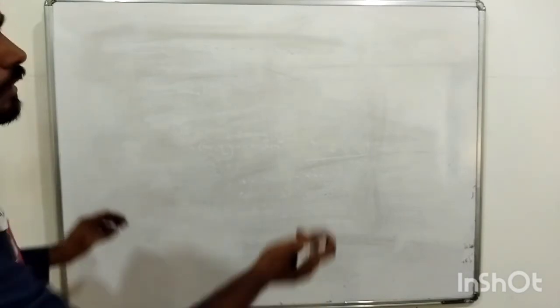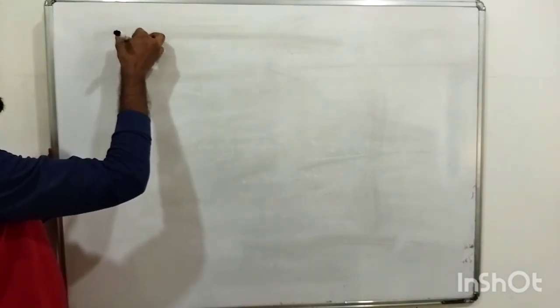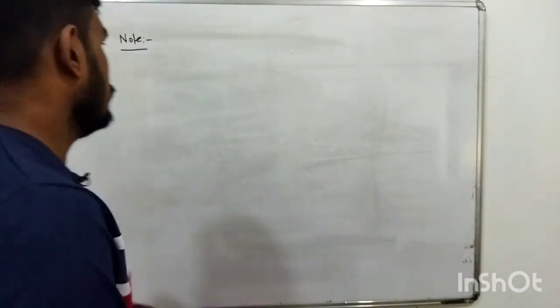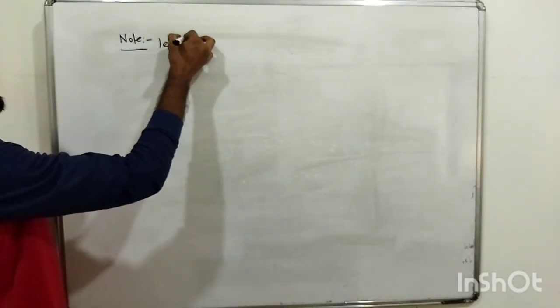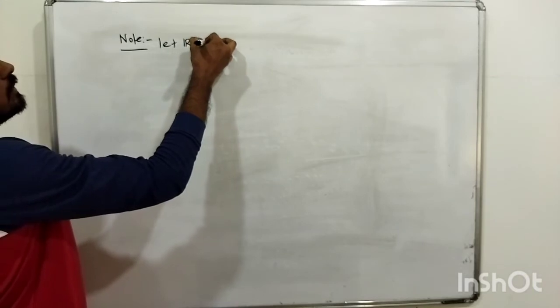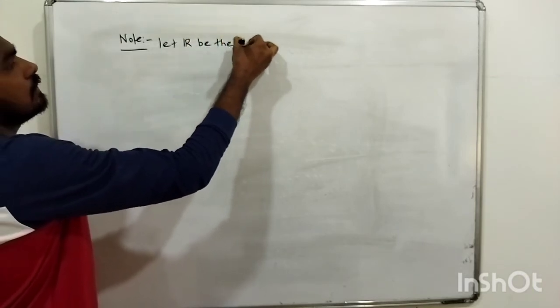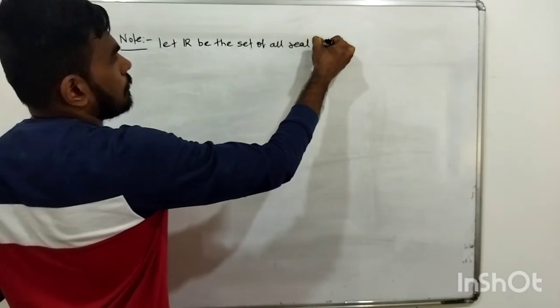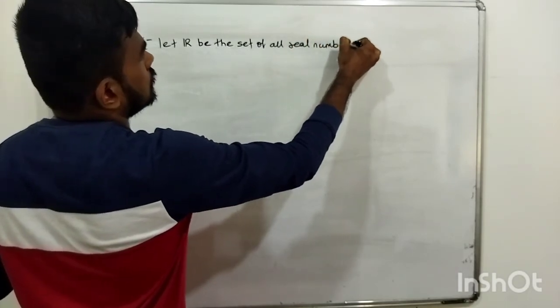Okay. At last, I'll write a note. So let R be the set of all real numbers. So what are these real numbers?